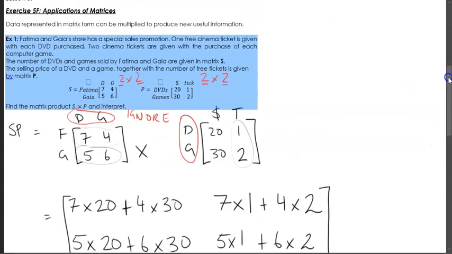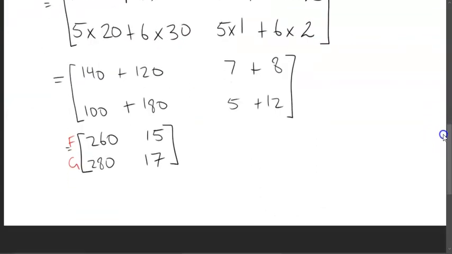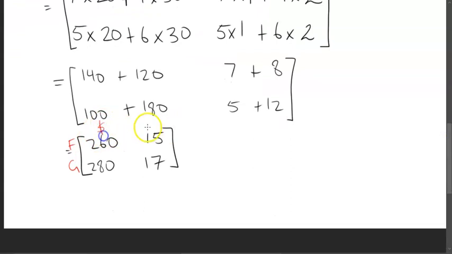And in correspondence with this will be the top part of the second matrix, which is the $ and the amount of tickets. And all this just means is that, well, Fatima got $260 and had to give out 15 free tickets, where Gaia got $280 from her sales and gave out 17 tickets.